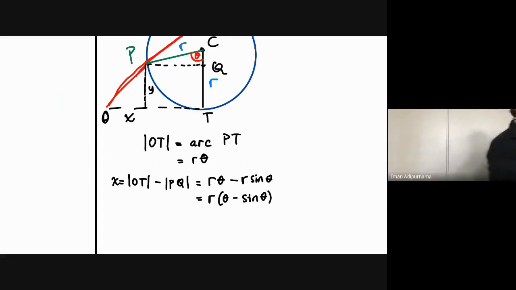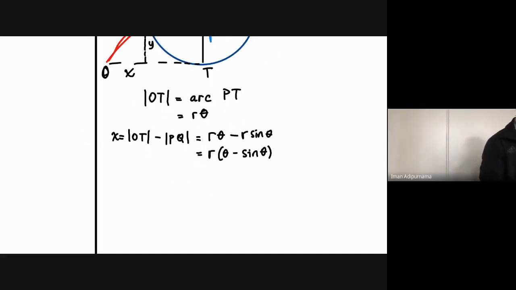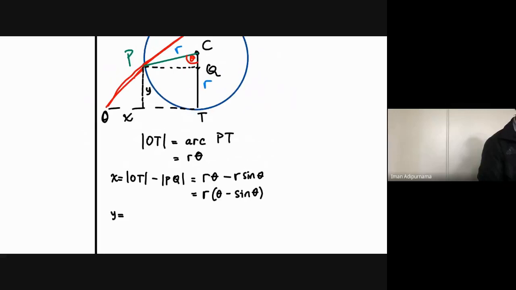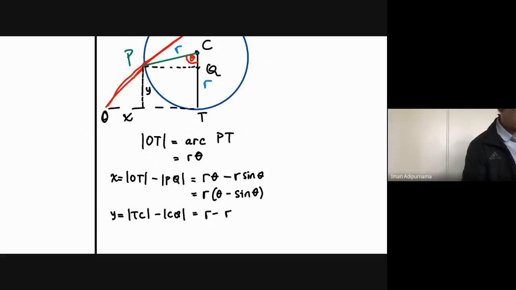So we can have these equations here: x is r times theta minus sine theta. And then y is this one, it's the TC minus CQ. So the R minus CQ. So let me write TC minus CQ, or R minus R cos theta, or R times 1 minus cos theta.